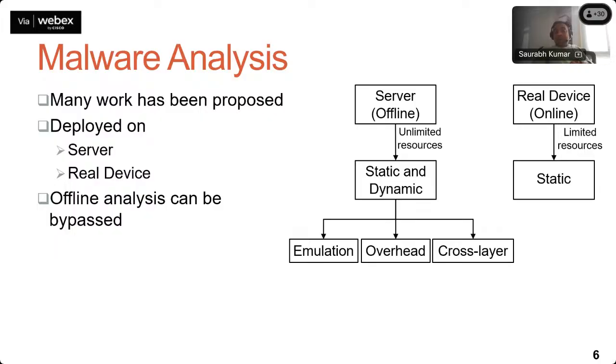Or sometimes malware uses multiple layers to perform malicious actions. For example, in Android application development, we can develop applications using C++, or Java, or even combine both programming languages to design an application. The same technique malware can also use.